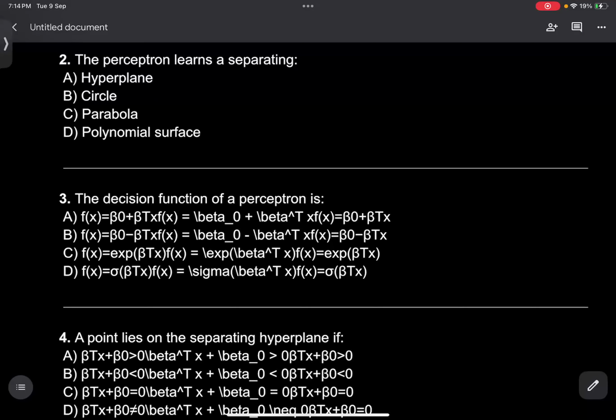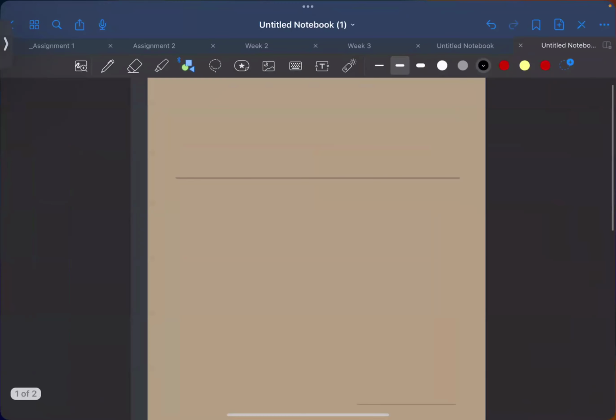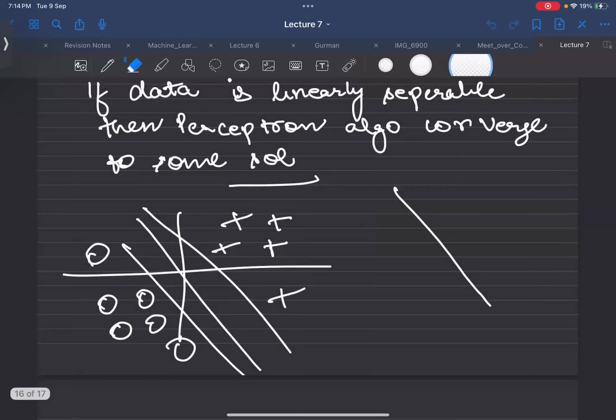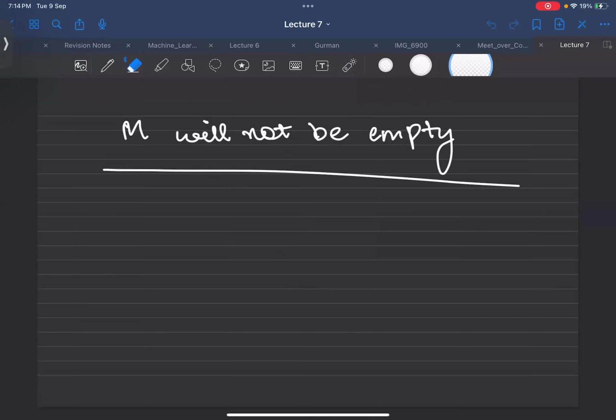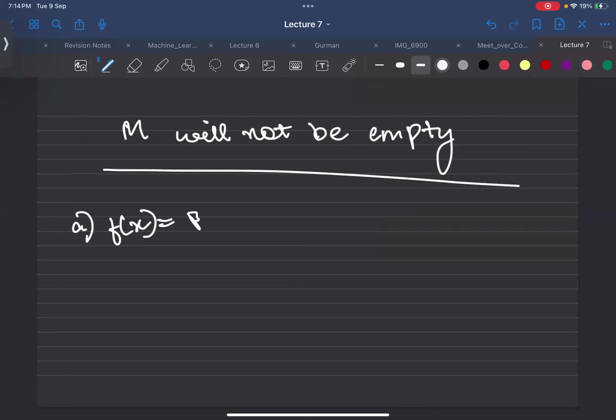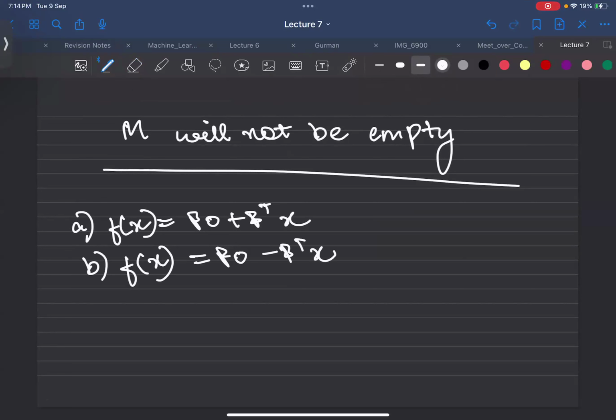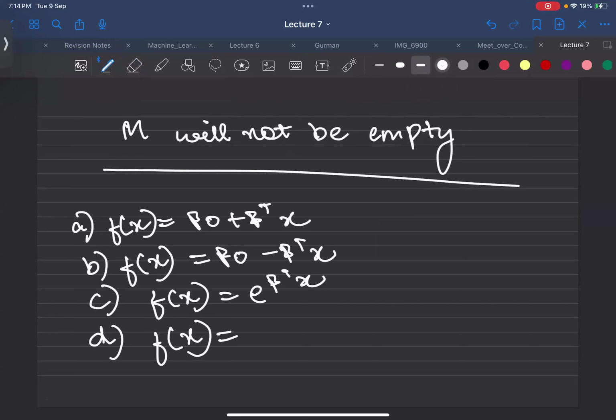So the decision function, maybe I'll write it here. Wait a second. I'll write the question and the options here because that's confusing. The decision function of perceptron is... Maybe I should bring more tough questions.